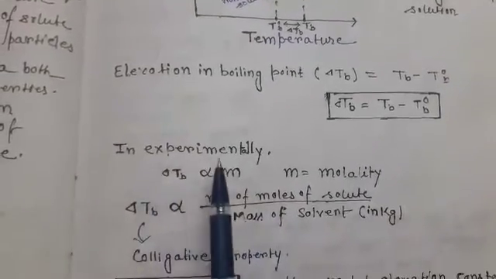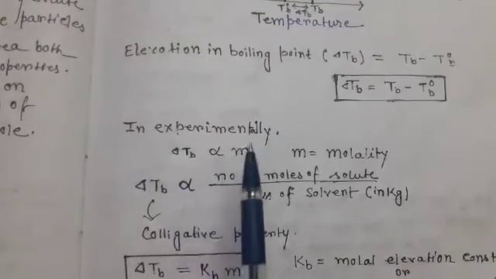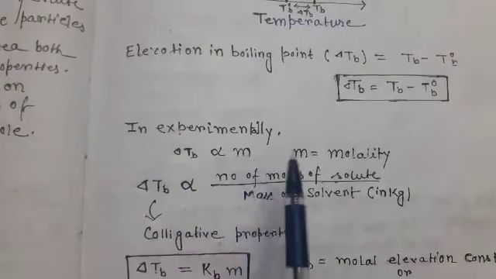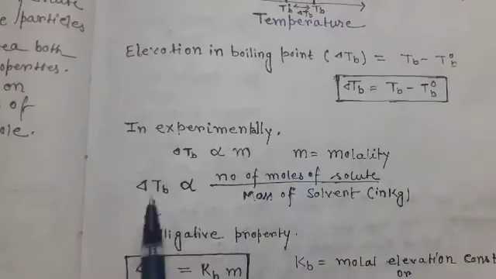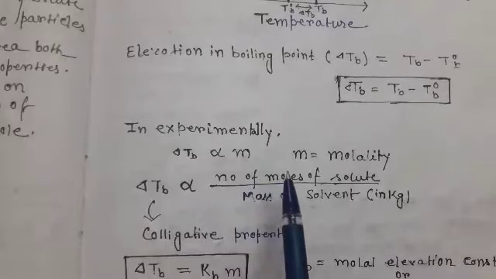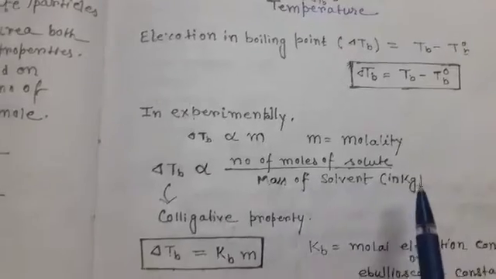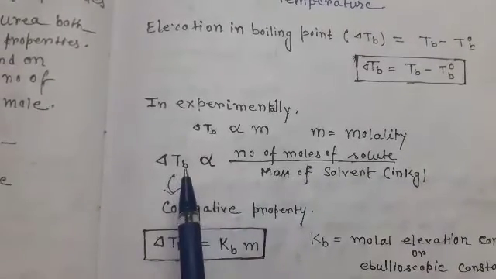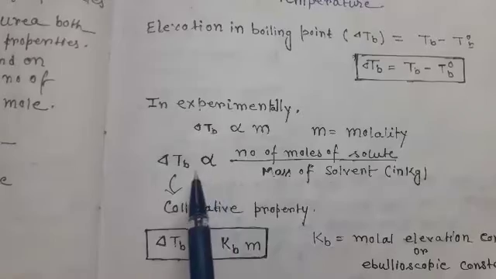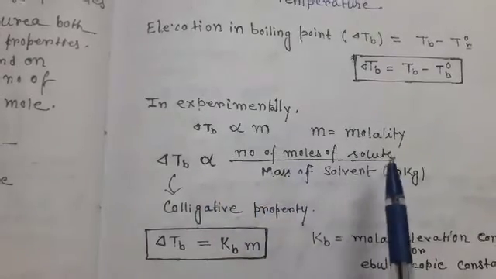But experimentally we see that delta Tb, the elevation in boiling point, is directly proportional to the molality of the solution. Molality of the solution means the number of moles of solute divided by the mass of the solvent in kg. So the elevation in boiling point is directly proportional to the number of moles of solute particles.